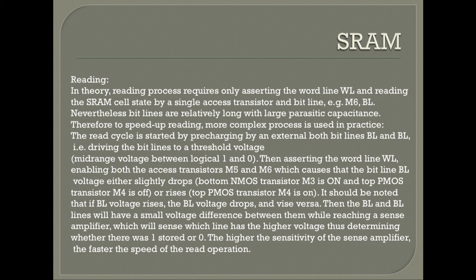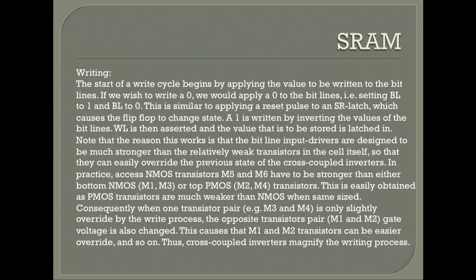So the higher the sensitivity of the sense amplifier, the faster the speed of the read operation. That's basically the nuts and bolts of the reading. That the higher the sensitivity of the sense amplifier, the faster the speed of the read operation, is what we want to take away. And then we have the writing.